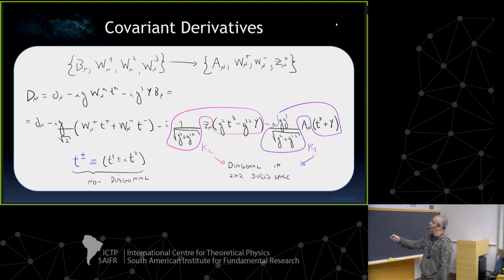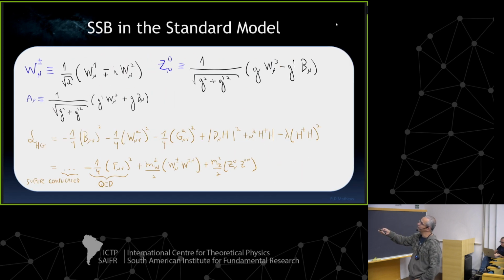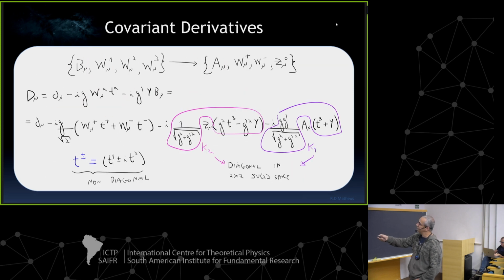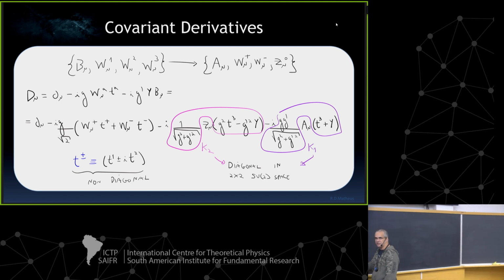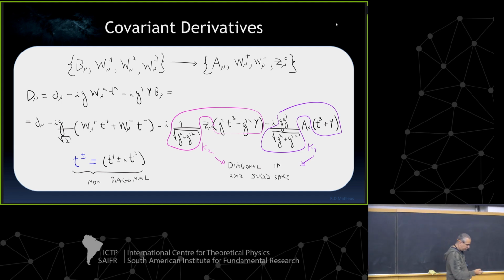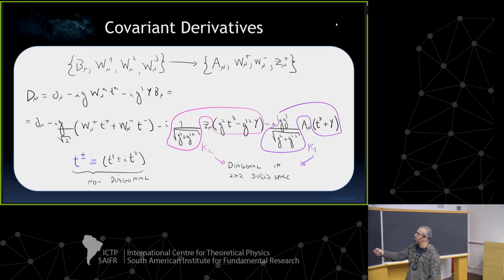Now, if I do that substitution, I replace W1, W2, W3, and B here by these 3 states as defined here, what I get is that this derivative now becomes this thing. So the interaction with the W's is given by this combination. Remember that T1 and T2 here are nothing but the Pauli matrices divided by 2. So the interaction with the W's happens with the first Pauli matrix and the second one combined in this way.